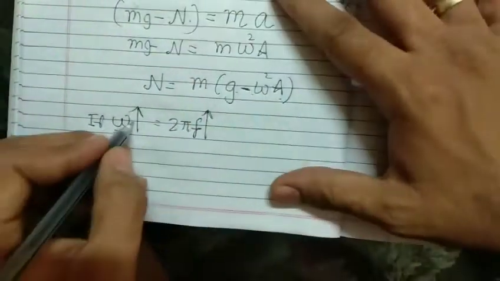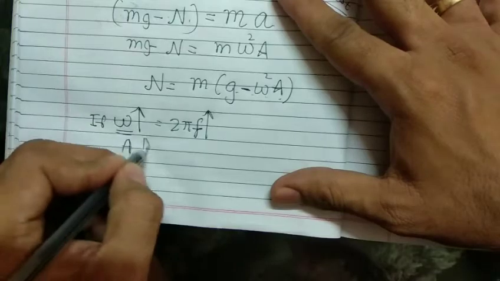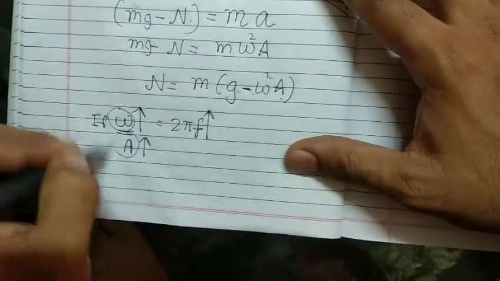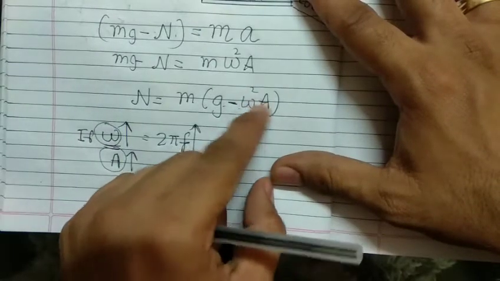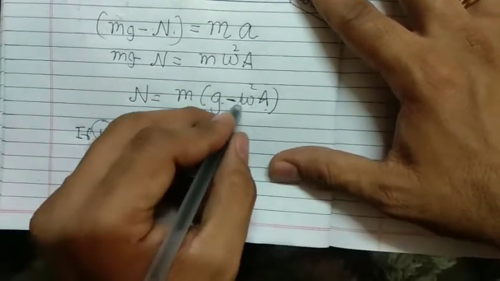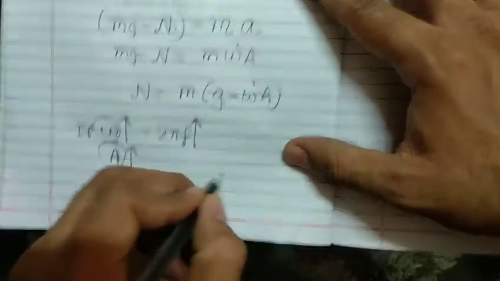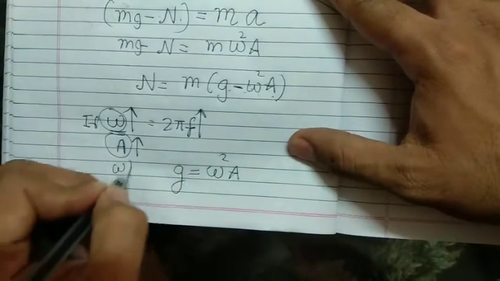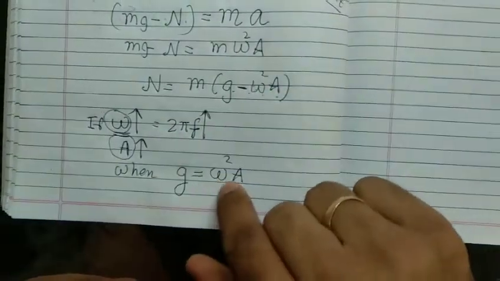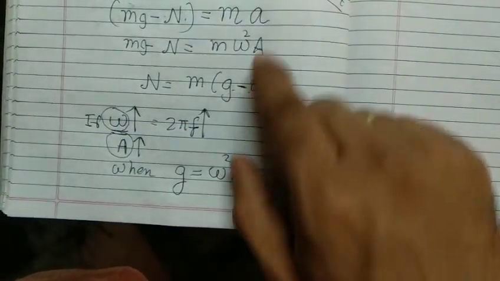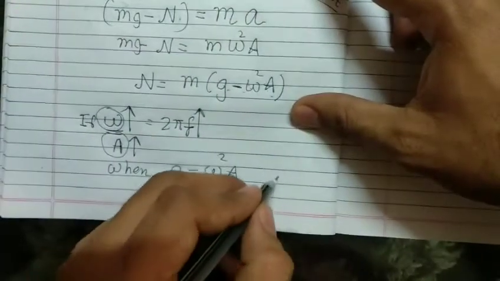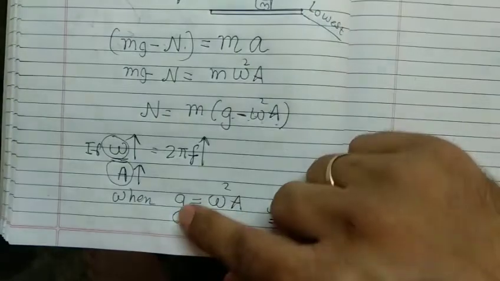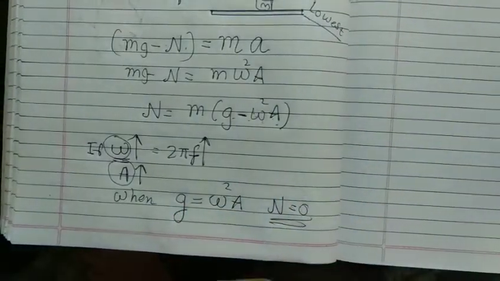Or you can also increase the amplitude A. If you increase omega or A, this term omega square A will definitely increase. When g becomes equal to omega square A, these two terms become equal, and at that time the normal reaction will become 0, isn't it?